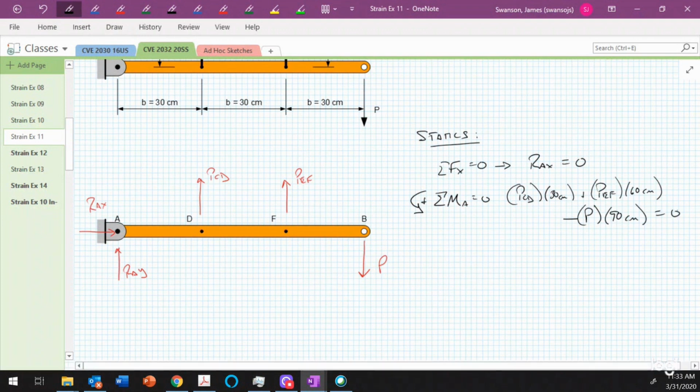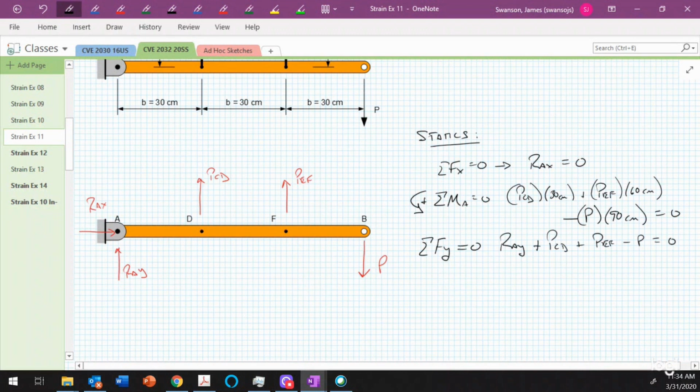And then finally, we could take the third equation, the sum of the forces in the Y direction, and that should be equal to 0 as well. And when we do that, we get that R sub AY plus P sub CD plus P sub EF minus P equals 0.